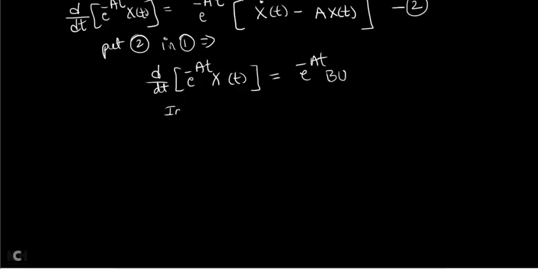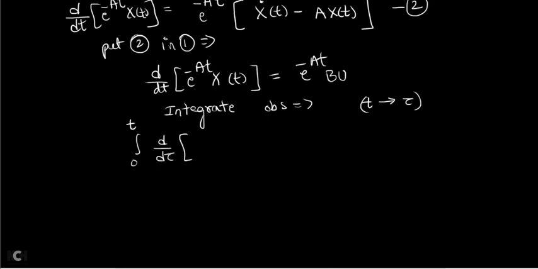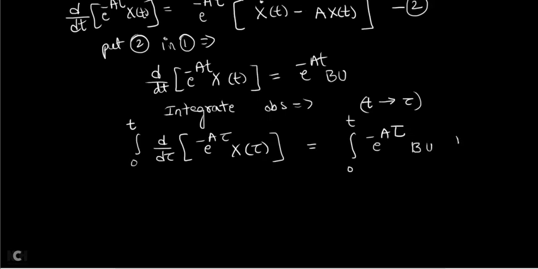Now let us integrate on both sides. If you integrate on both sides and change the variable, instead of variable t you change the variable as tau. Integration limits you take from 0 to t, so you will get d by d tau. Wherever t is there you put the variable as tau, so e power minus a tau into x of tau is equal to integration 0 to t e power minus a tau b u d tau.